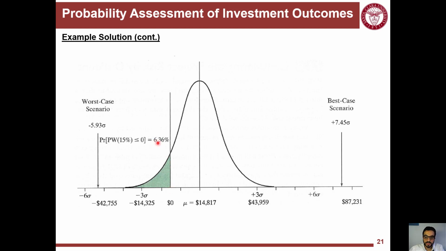It turns out to be that small percentage, 6.36%. We can also visualize where my worst case is. It's really far away in the left tail of the bell curve. And the best case scenario is really far to the right, in the right tail of the bell shape of that normally distributed variable, which is our present worth.